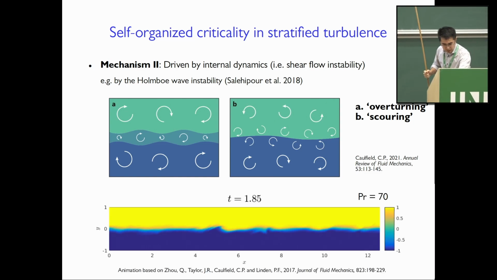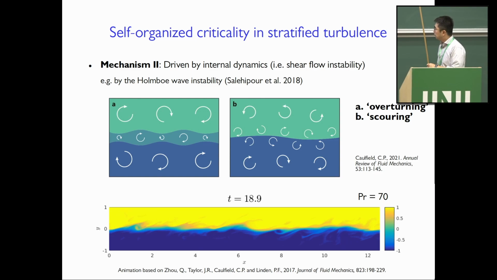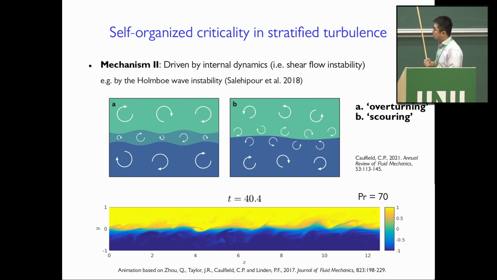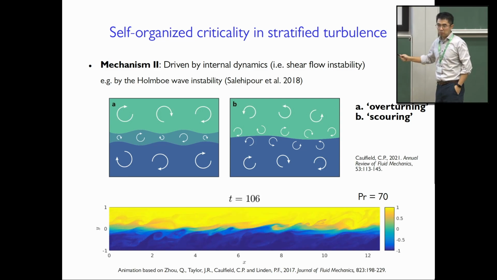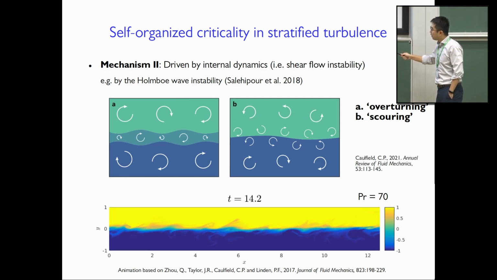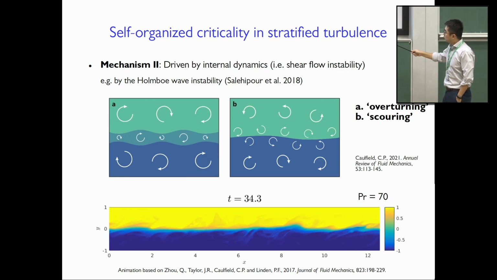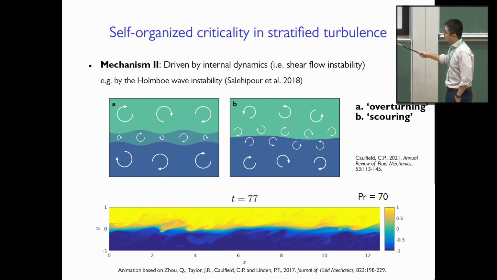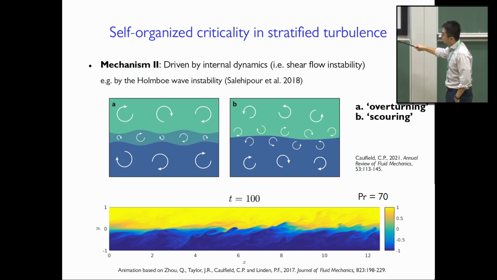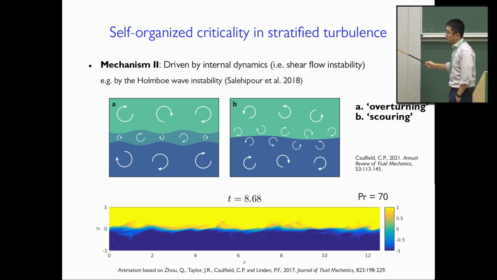And to show you an animation from my postdoc work here at Delft, you're looking at an initially sharp interface embedded with some noise or turbulence to start with, and you actually achieve this Holmboe wave state, which again, right, the pair of vortices emerge on either side of the density interface.